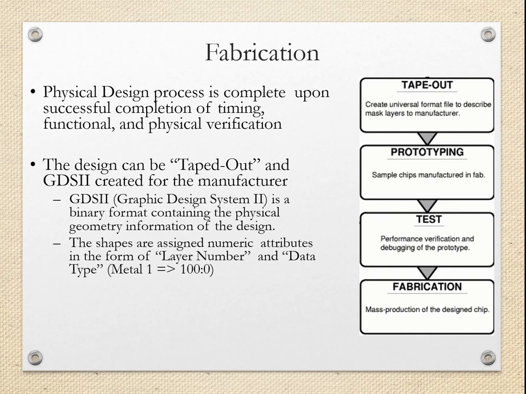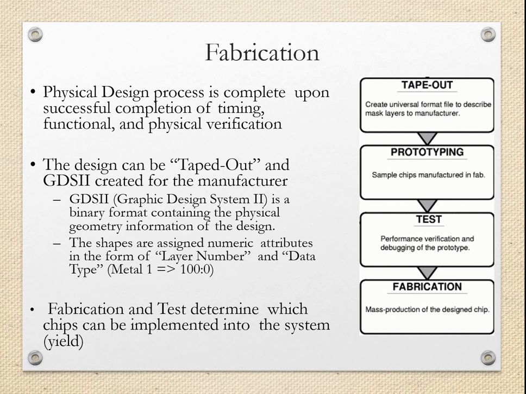The shapes are assigned numeric attributes in the form of layer number and data type, for example metal 1 equivalent to 100 as to 0. So the layer number and then the data type, that information is there. Fabrication and test determine which chip can be implemented into the system. And this GDS2 file can be given to the foundry for the fabrication purpose.